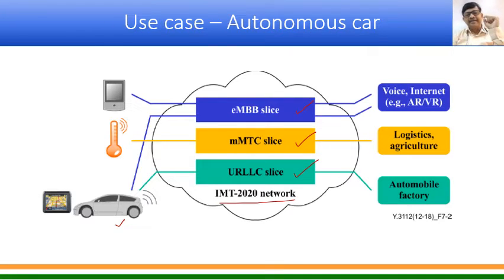So this car connects to the URLLC slice, which gets connected to the automobile factory. The application or service is on the automobile factory. But since this car would also have an infotainment system or maybe certain cameras inside it, it has to connect to the eMBB slice. So that shows that one user, in this case a car, is getting connected to more than one slice.